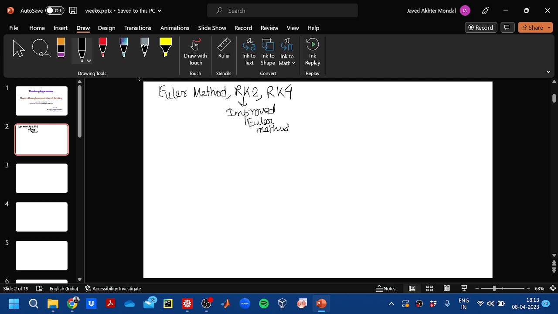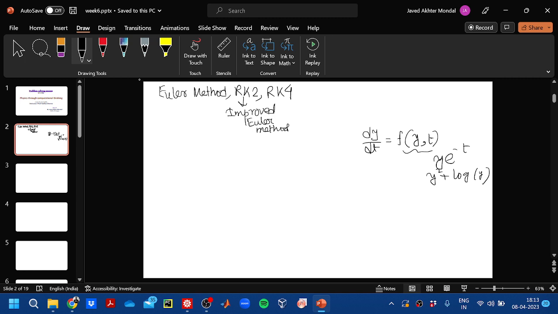So let me first briefly summarize. In the case of the Euler method, we are given a differential equation of this kind, dy/dt is a function of y and t. It can be anything, like y to the power minus t, y squared plus log of y. Basically it is a function of the dependent variable and the independent variable.